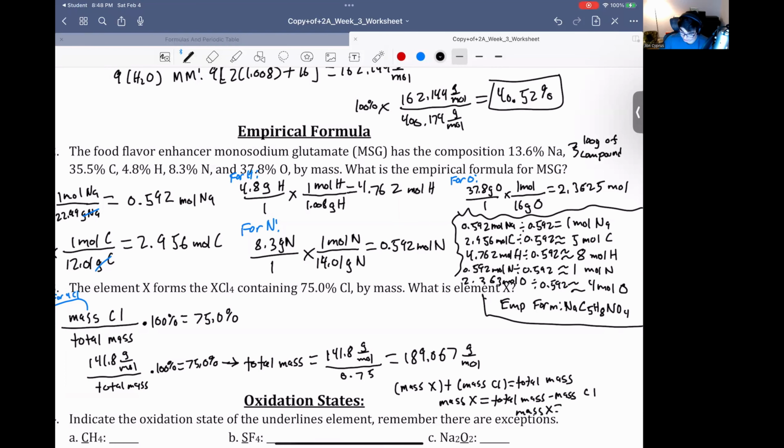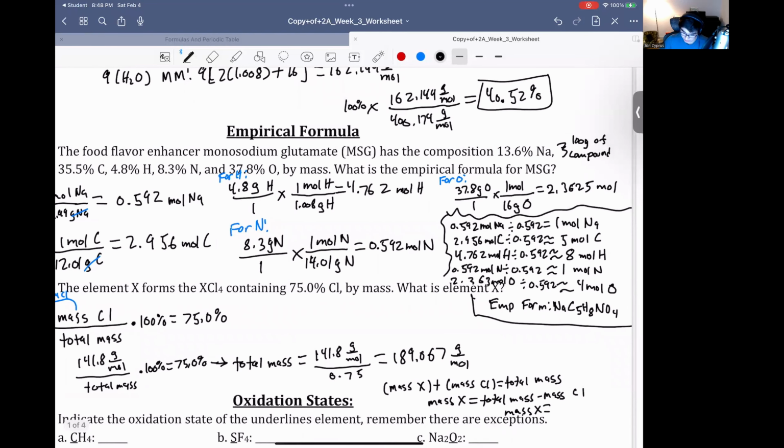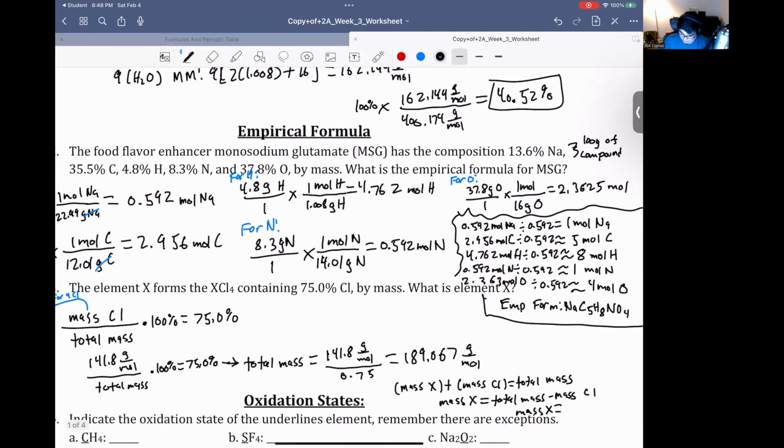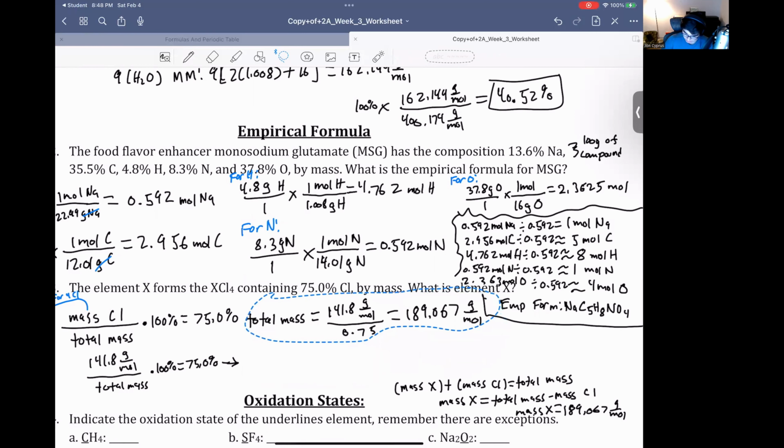And we have the numbers here. Our total mass is 189.067 grams per mole. Let me try moving all this up. I think it would be a little bit neater.